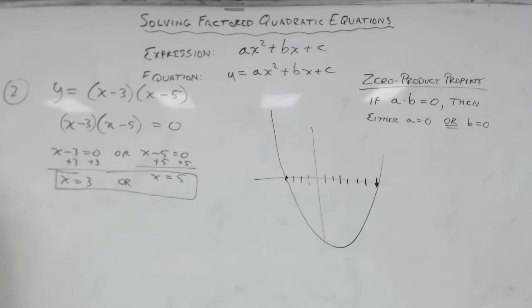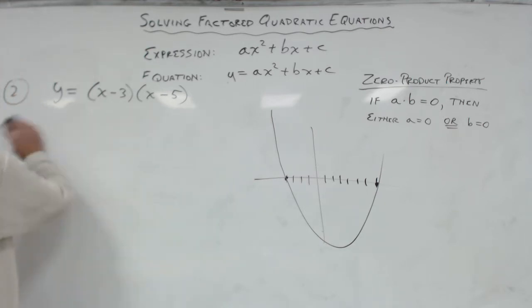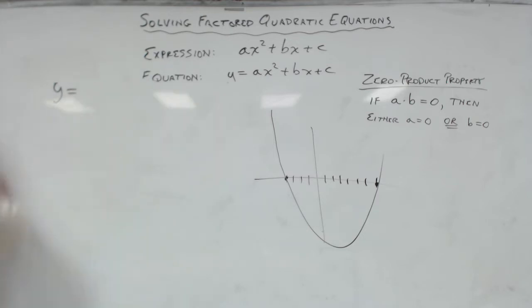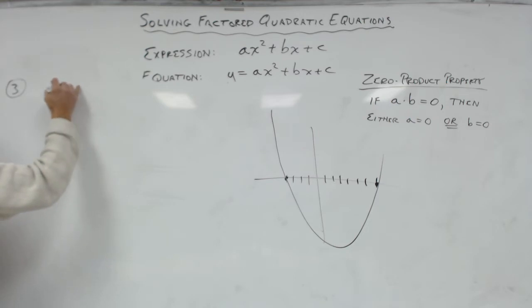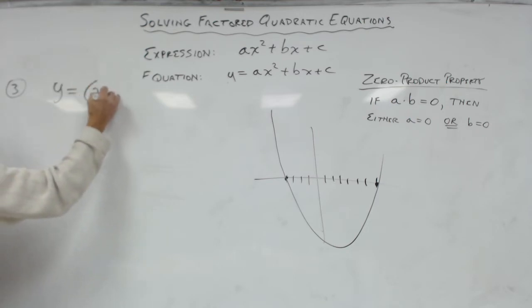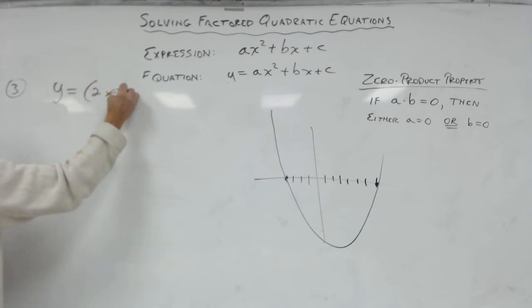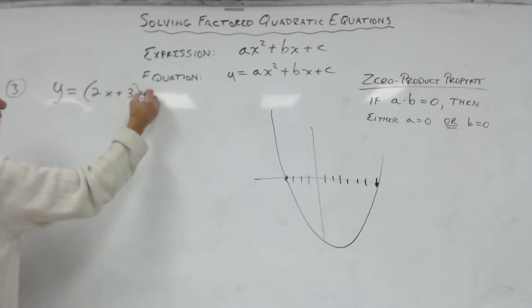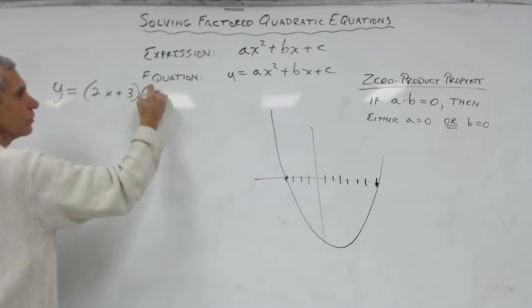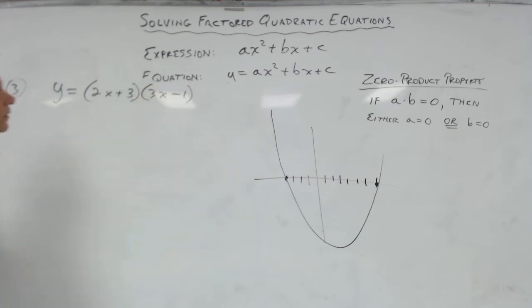It's not that much harder. That's the point. All right, what if I gave you this? Number 3. y is equal to 2x plus 3 times 3x minus 1. Okay?